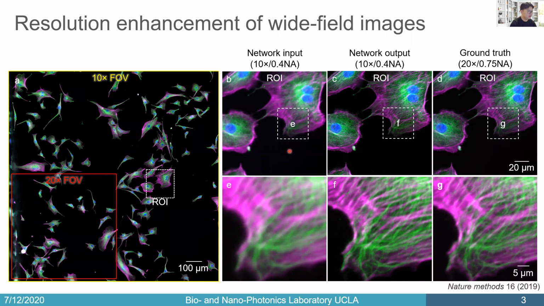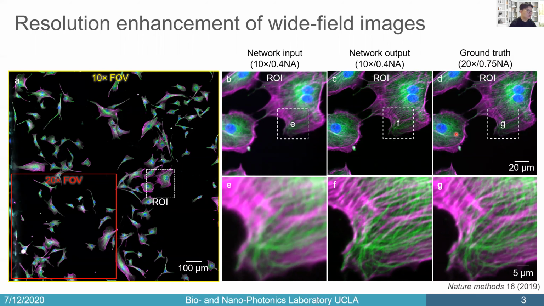Here, these images were captured with a 10x objective lens. Although the 10x objective has a larger field of view, the resolution is not ideal. A pre-trained neural network takes this image as input and super resolves it to reveal the fine structures, which matched very well with the image captured with a 20x objective.